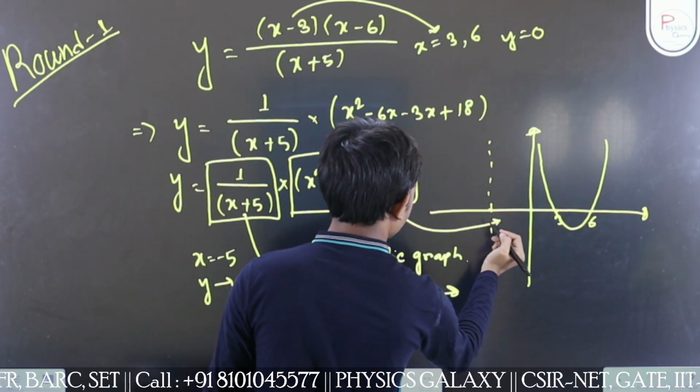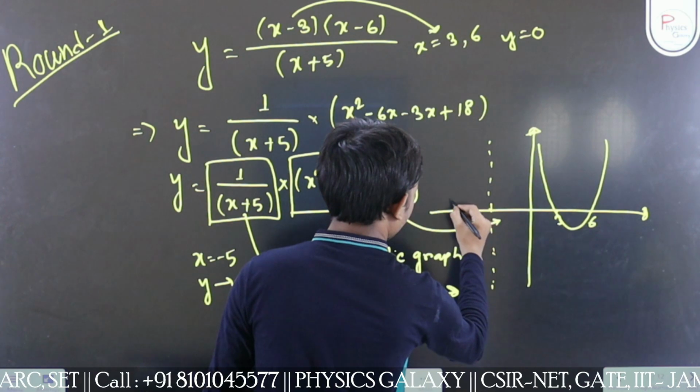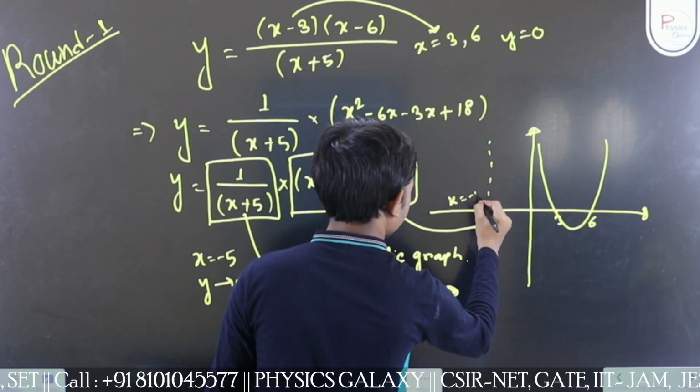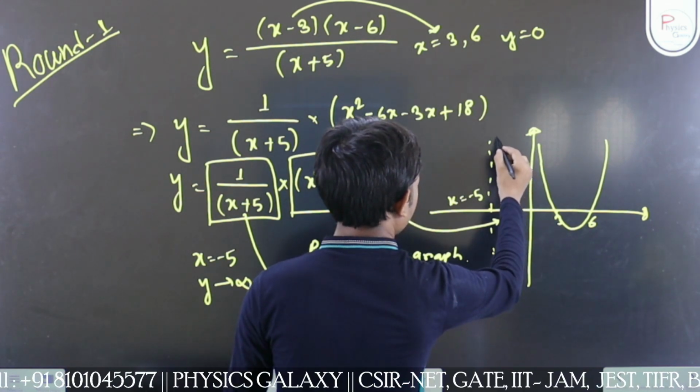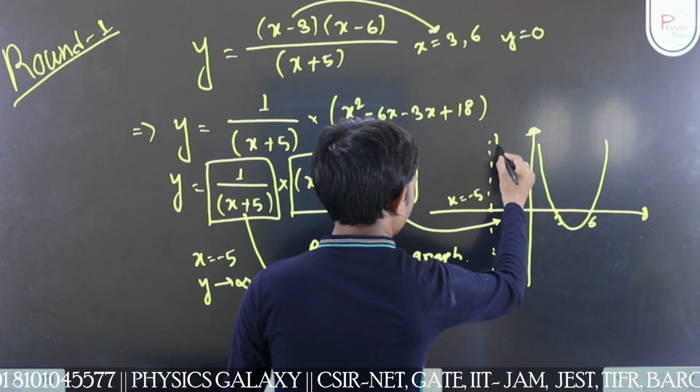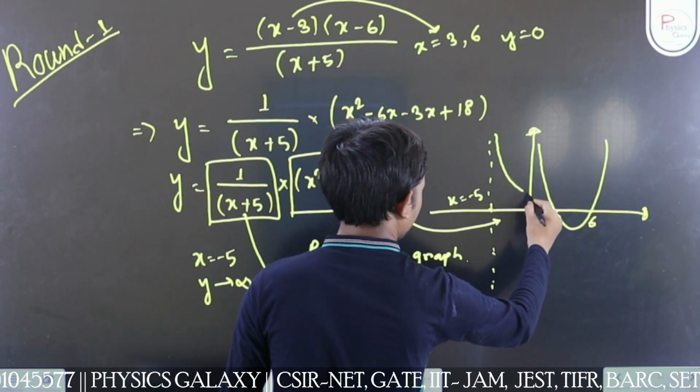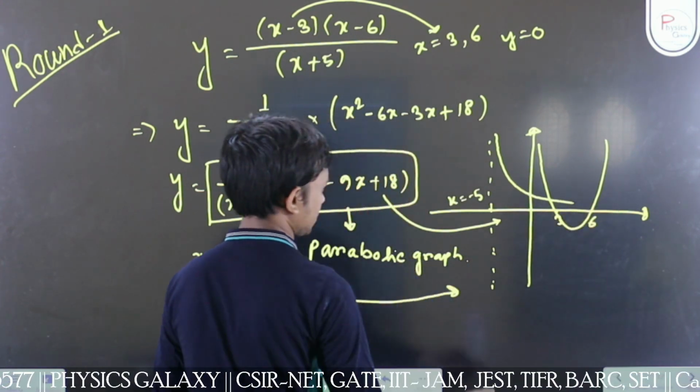it is x equal to -5, and the graph will be like this.